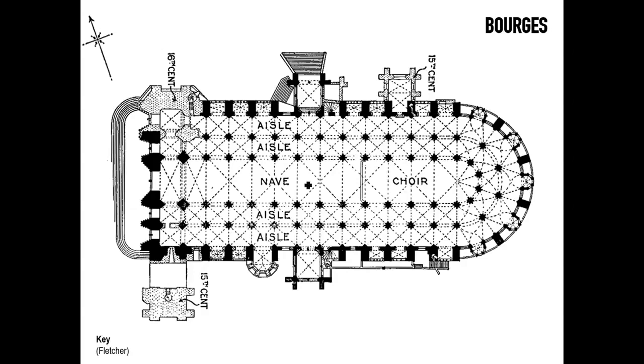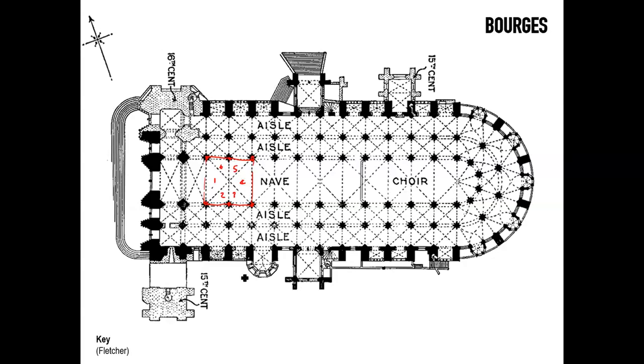You can recognize here Bourges, where this is one of the bays, and the sexpartite vault also generates an intermediate pier, which sometimes could be treated to look like any other pier, but sometimes is treated as a different pier of a smaller size than the corner ones.